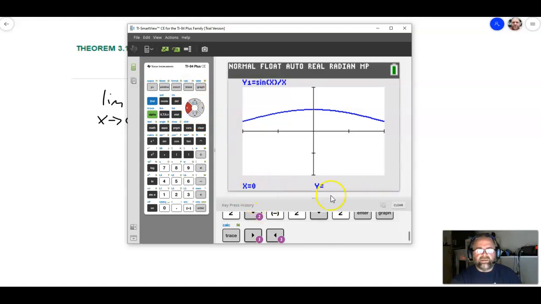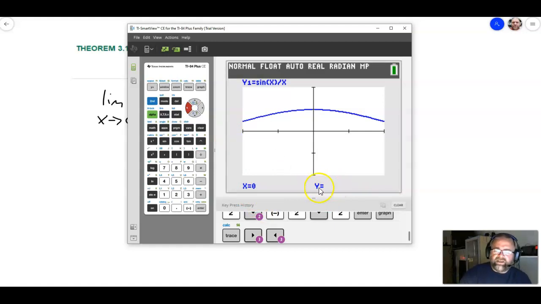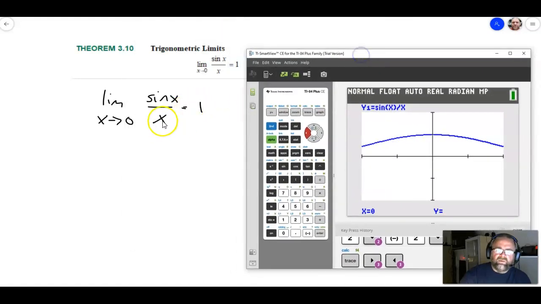Let's get x at 0, y is equal to... see now, look at this. The trace value is not showing me a value there. And why is it not showing me a value? Well, because 0 is not in the domain of this function. A 0 for x would give us an undefined value for y.